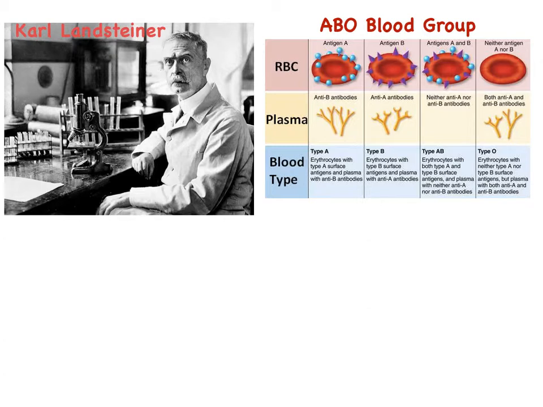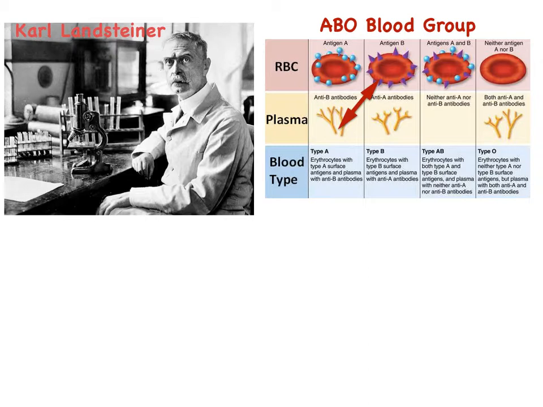When I say a person with A blood group, it means that person has an A antigen on the RBC surface, and in that person's plasma, you have antibodies against the B antigen.